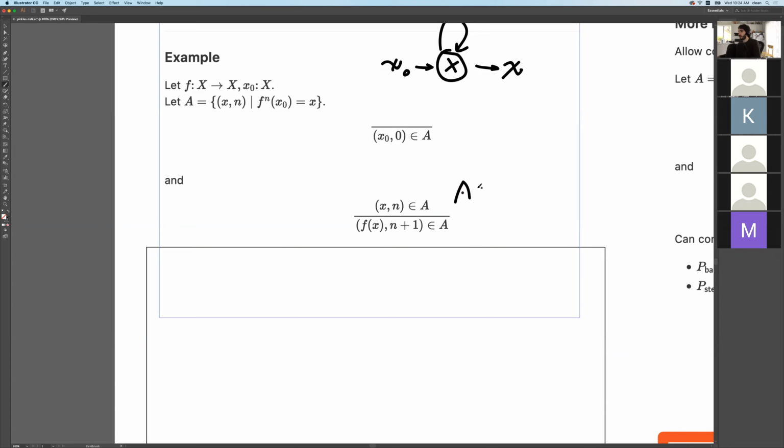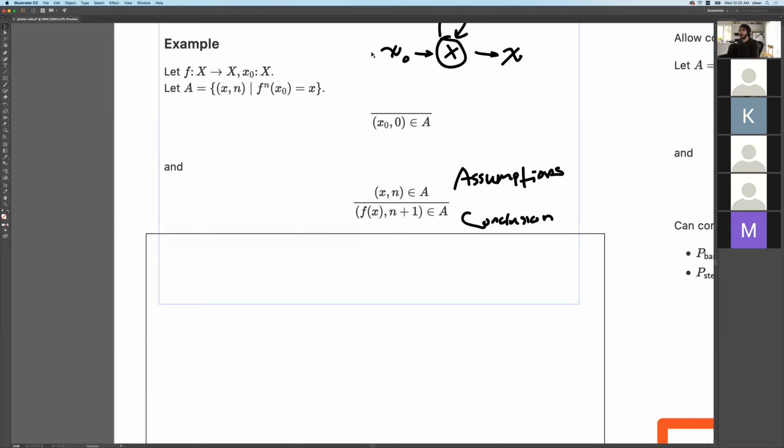Here go assumptions, and here the conclusion. I'm drawing this with the mouse, so it might be a little messy. This is notation from logic, or really type theory. Is everyone with me? I hope so.